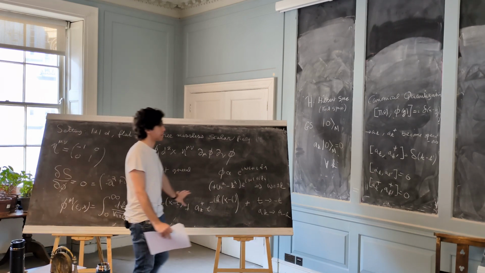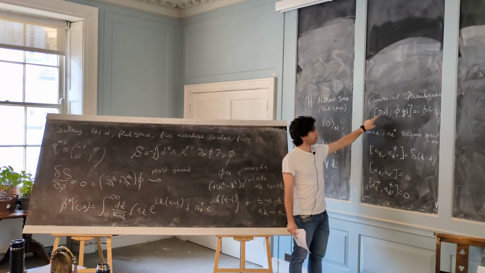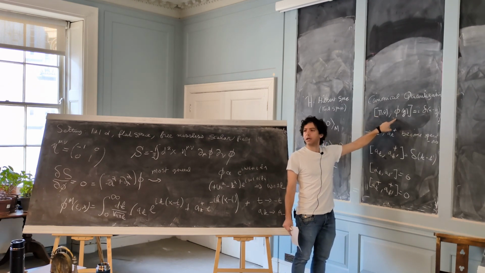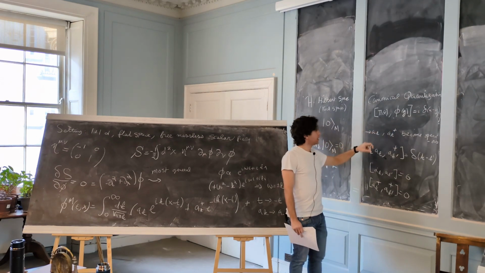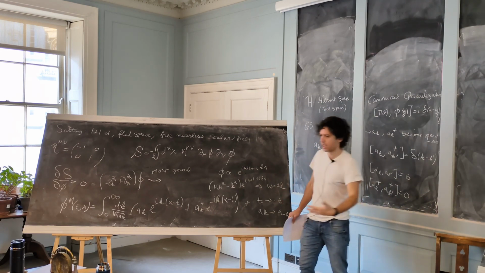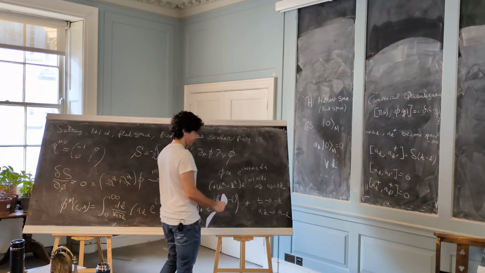And if I want to quantize it by imposing the canonical quantization conditions, by making the field momentum conjugate to phi have an interesting commutation relation, then I'm led to all of this stuff. There's an oscillator basis, energies add, and so on and so forth.